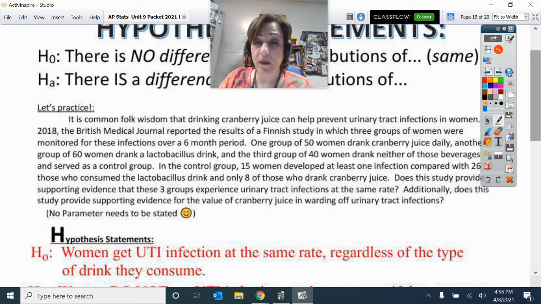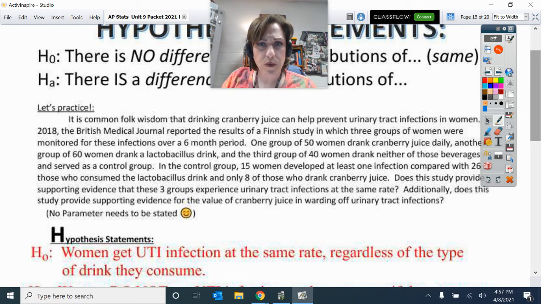One group of 50 women drank cranberry juice daily. Another group of 60 women drank a lactobacillus drink. That's kind of like an Activia drink or a Yakult, the yogurt-based type drinks.